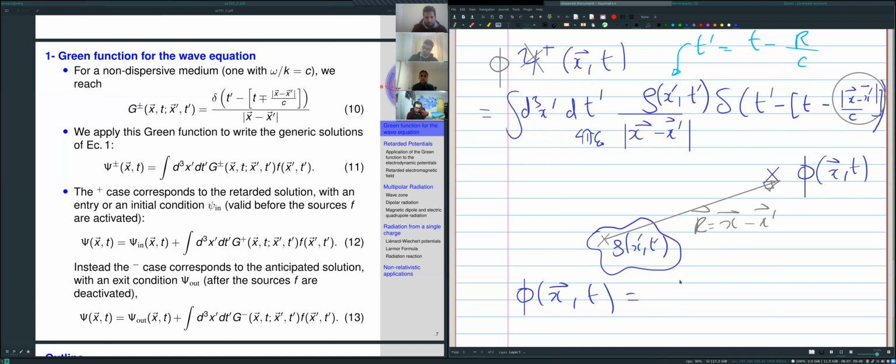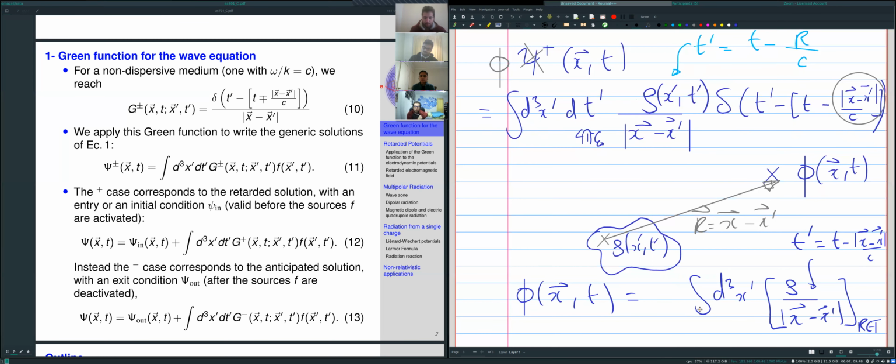Is then the integral over d^3x' of rho divided by |x minus x'|, but we are going to make this symbol here with a retard, meaning that we have to evaluate this at t' equals t minus |x minus x'| divided by c.